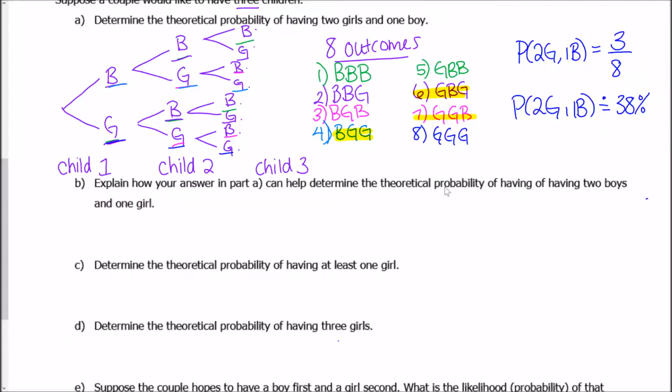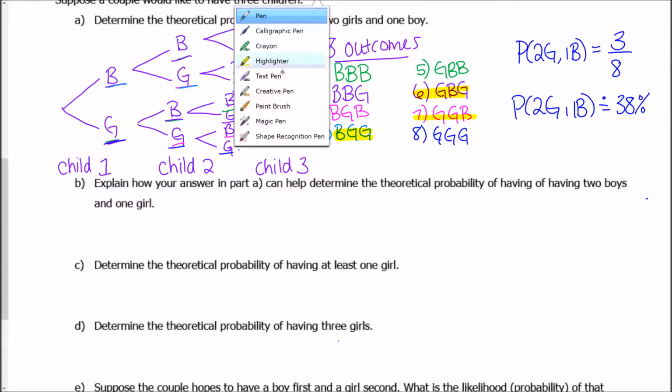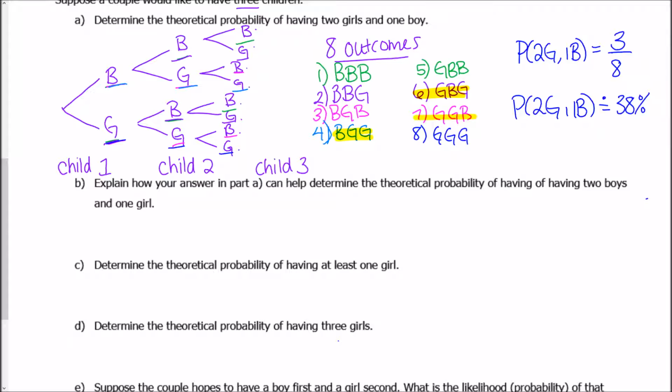Okay, so if the probability right here of getting 2 girls and 1 boy was 3 out of 8, the probability of getting 2 boys and 1 girl is pretty much the same probability because it's pretty much like the same event, right? So 2 boys and 1 girl is still going to be the same thing as 2 girls and 1 boy.